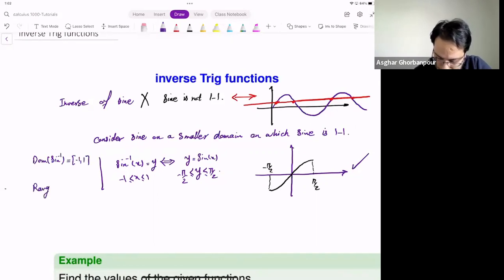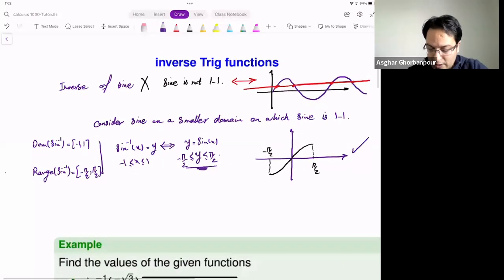The range of sine inverse is the 1-to-1 domain of sine, which is -pi/2 to pi/2. What about the graph? Oh, I know how to do the graph. This is this guy here.